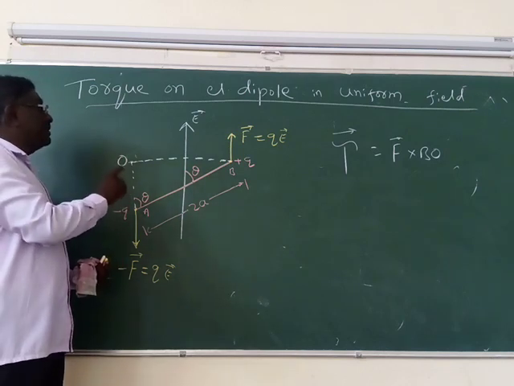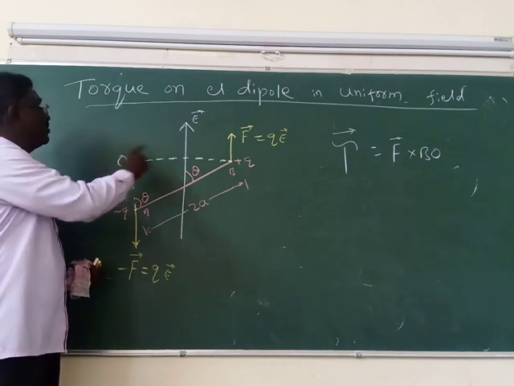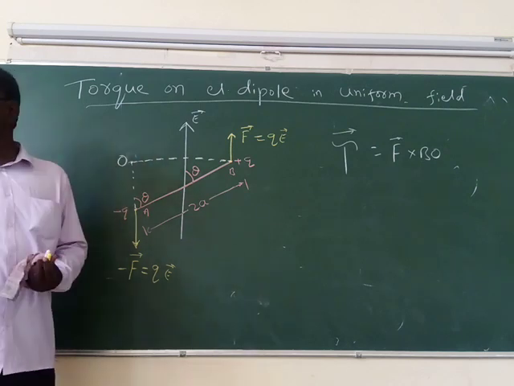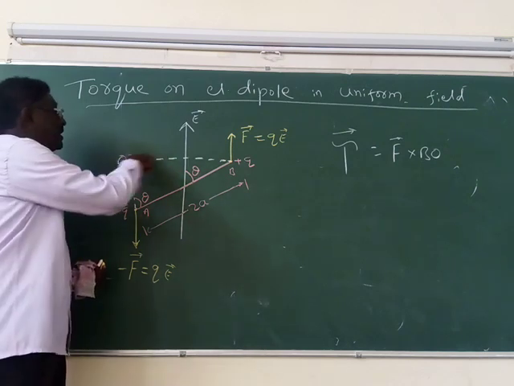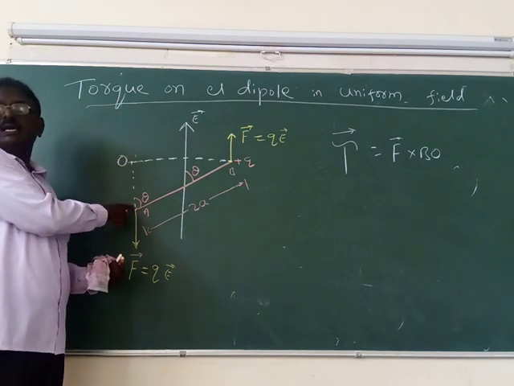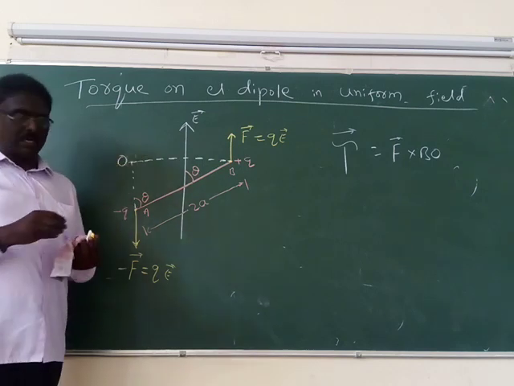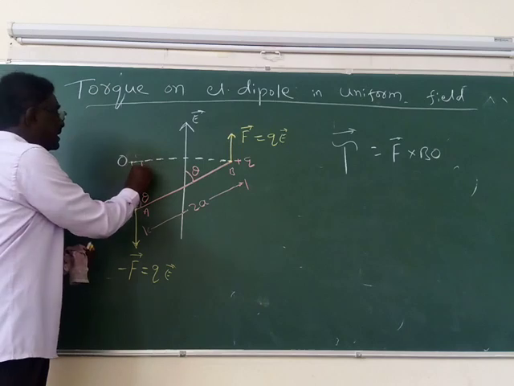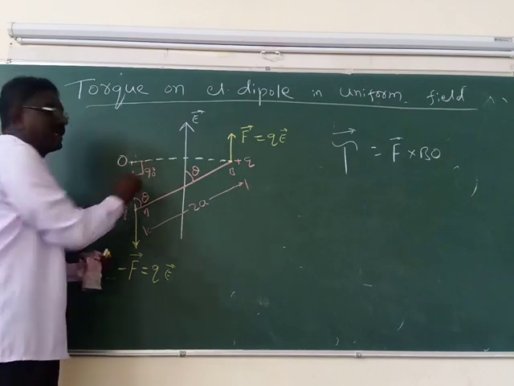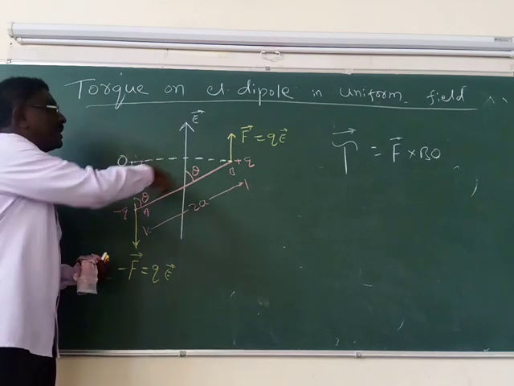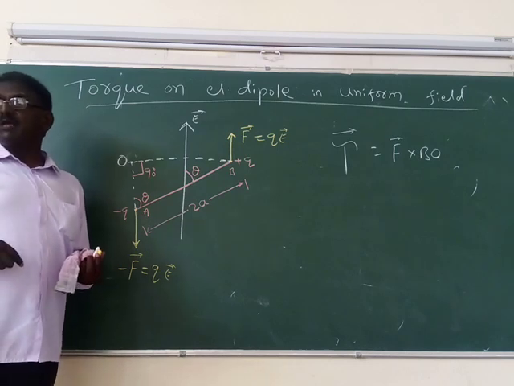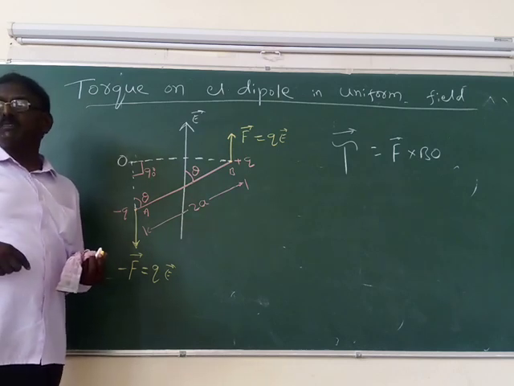See, in triangle ABO, side OB is opposite to the angle theta, and this angle is 90 degree. AB, our dipole length, is hypotenuse.